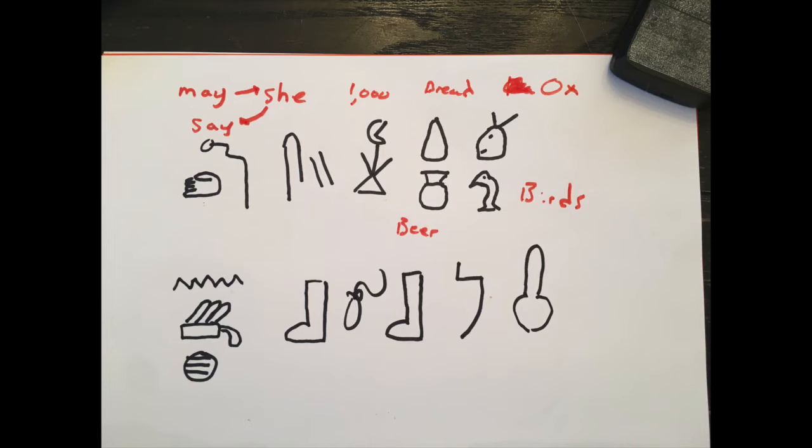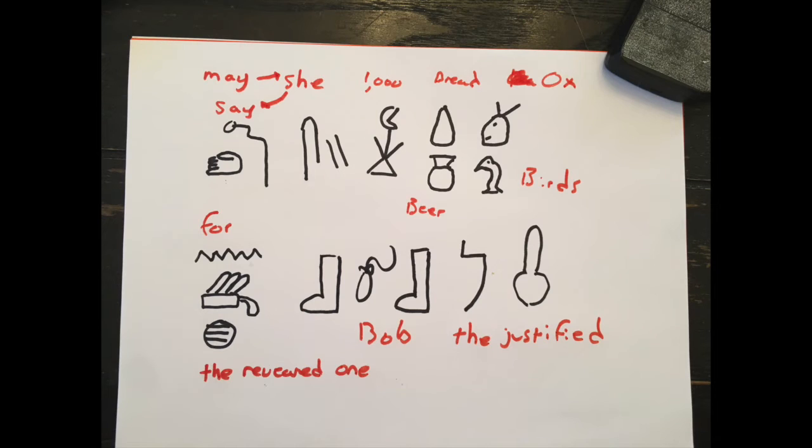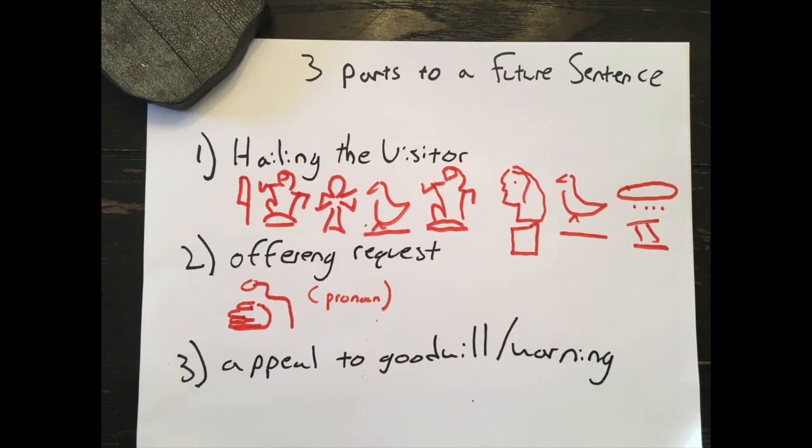And then you can add to that at the end for the revered one, ka, ima, and the revered one here is Bob, B-O-B, made it simple. The justified, ma'aharu. So the whole sentence saying, may she say 1,000 beer, bread, ox, and birds for Bob the justified. All right, so that is the offering request.